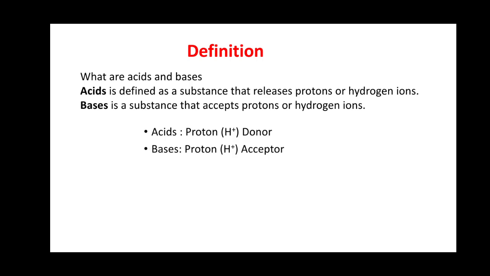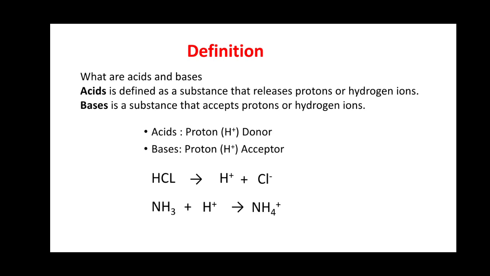Acid is defined as a substance that releases protons or hydrogen ions. Base is a substance that accepts protons or hydrogen ions. So acids are proton donors, that is H plus donors, and bases are proton acceptors.